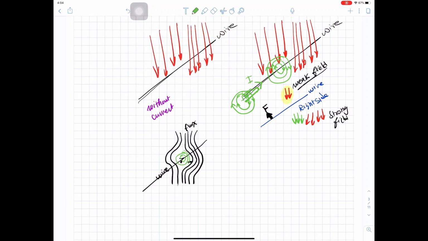This is the generated flux. So stretching the flux lines will create the force which will try to get the wire outside the flux lines, so the flux lines go back to their original situation where it was just vertical lines. And this movement will occur from the strong to the weak. That's why it will move to the left.